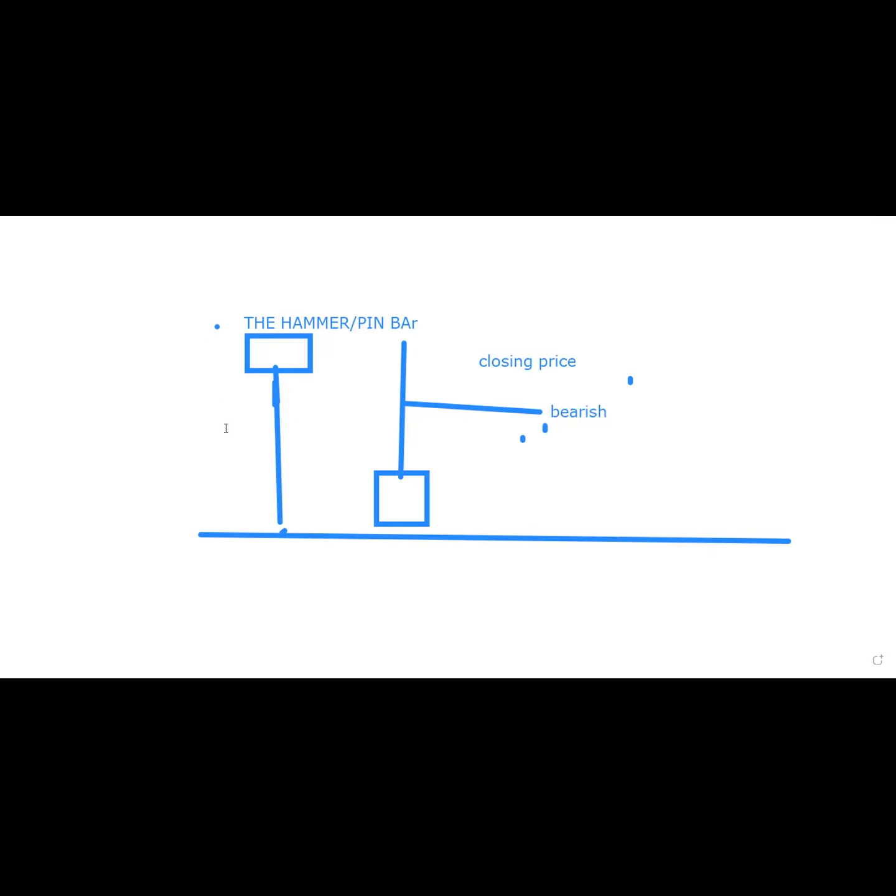Let's do a recap. Any candle with a long lower wick and the body closes above is bullish, because it's the buyers that push prices up. Any candle with a long upper wick and the body closes below is bearish, because it's the sellers that push prices down.